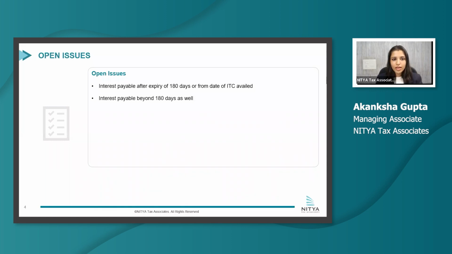In this scenario, we cannot say that the ITC has been wrongly availed and utilized. It is merely a delayed payment of tax by the recipient. Hence, Section 53 would not be applicable in the present scenario. Also, Section 51 would not be applicable for interest recovery.